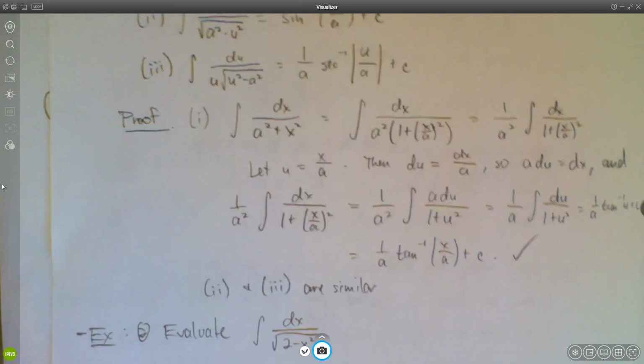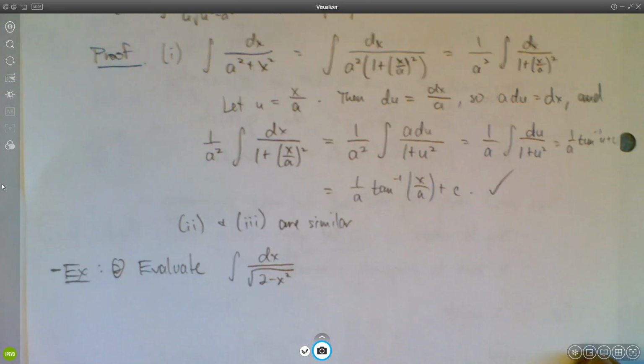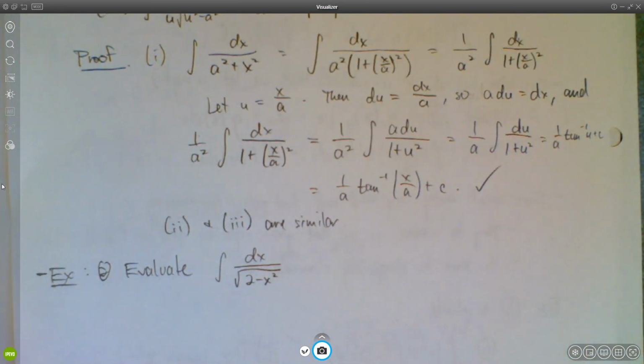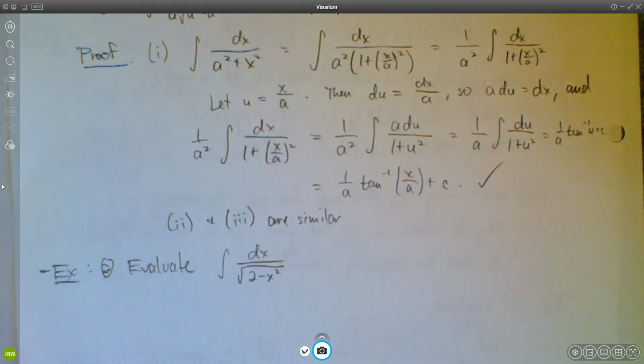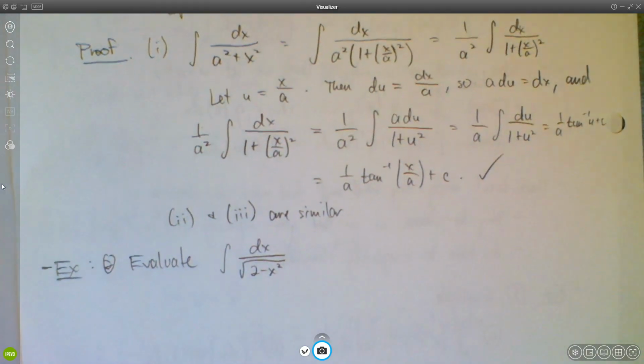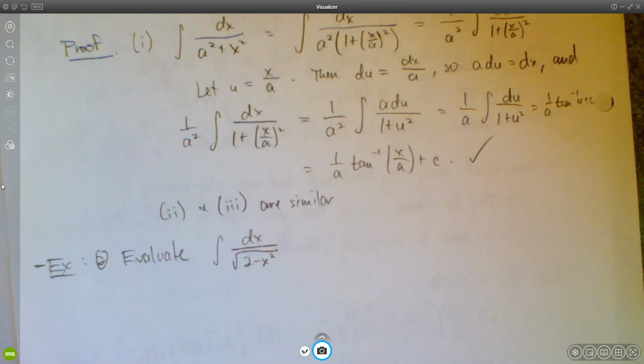And I'll prove the tangent case, and I'll let you prove the other two on your own if you're interested. But they're similar proofs. It's just a U substitution, right? So here's how it works. So integral of dx over a squared plus x squared.